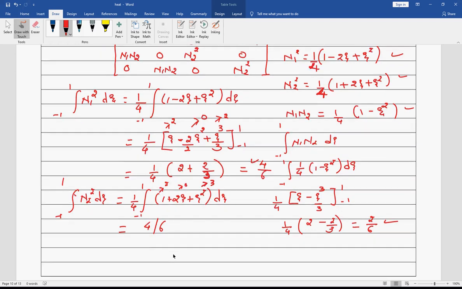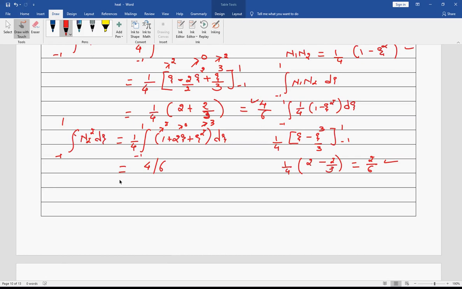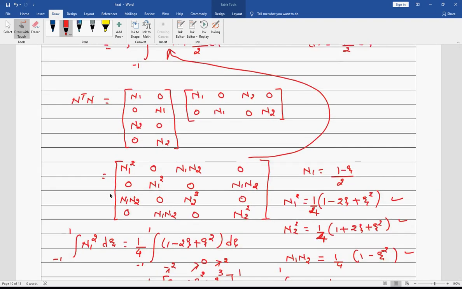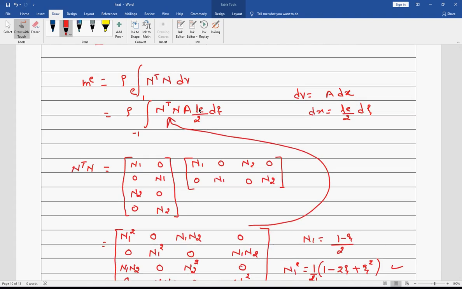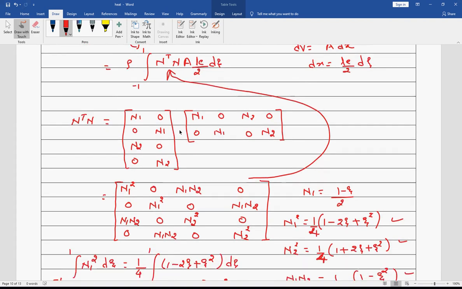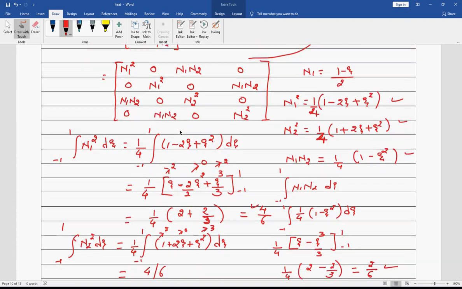Okay, so now you can start replacing those values in the equation. So I have rho. You can note this down, or you can take a screenshot, so you will require this.